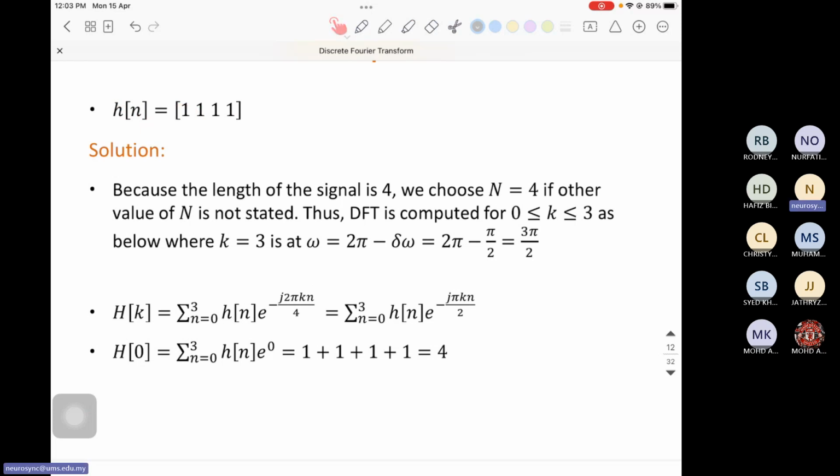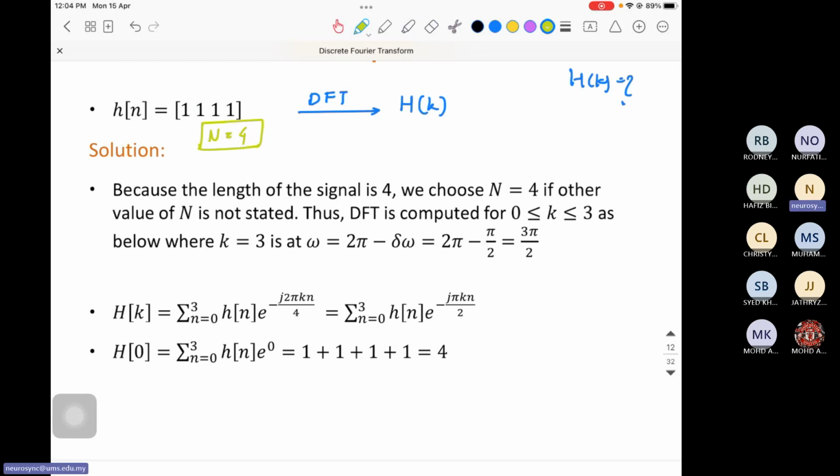Now if I apply DFT, I need to find the DFT response of this h of n. So I will get capital H of small k. So find H of k. This is the example. Now from this sequence, you can say that I have the size capital N equal to 4 here.